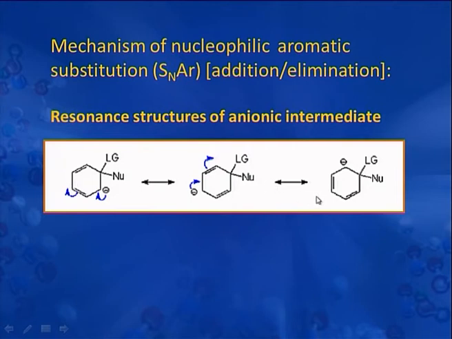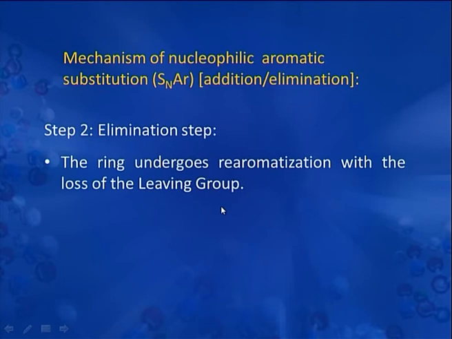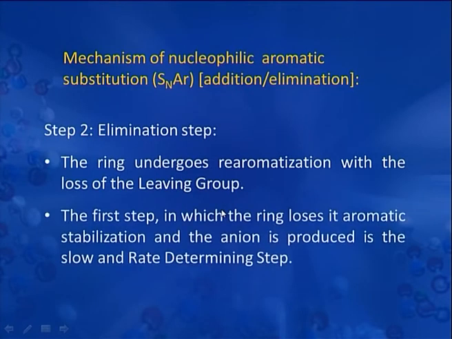These are the resonance structures of anionic intermediate which is formed by the attack of nucleophile on the carbon having leaving group. In the second step, that is elimination step, the ring undergoes re-aromatization with the loss of leaving group. The first step, in which the ring loses its aromatic stabilization and anion is produced, is slow and rate determining step.